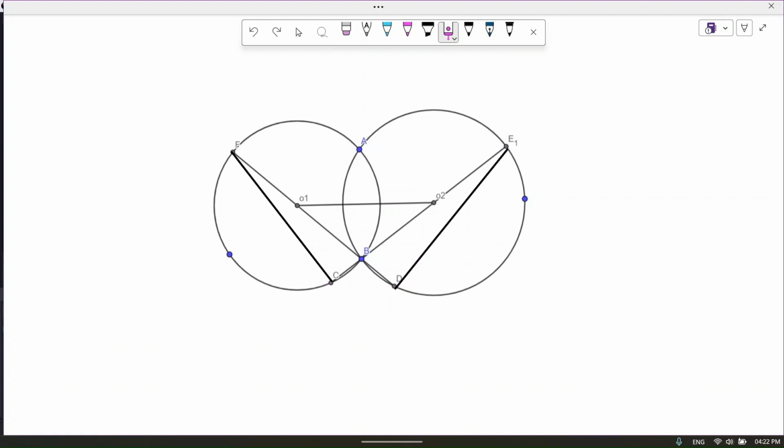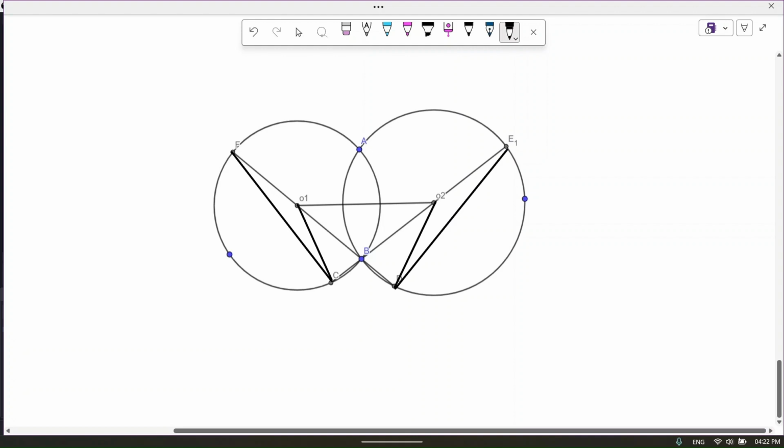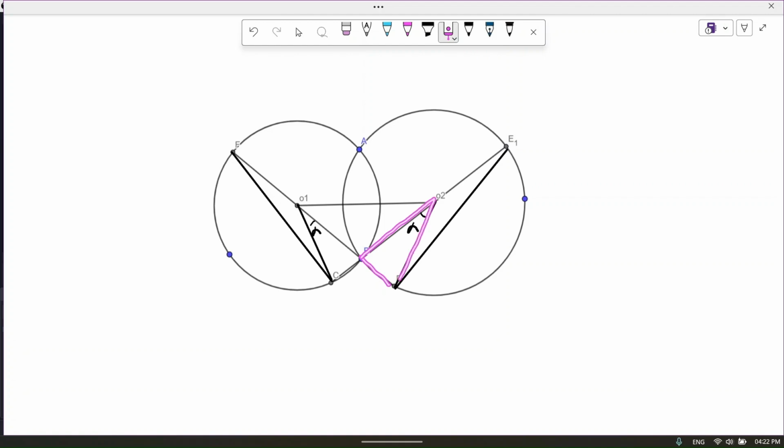So the angle subtended by this chord, this angle, is equal to this angle. Let me draw these two chords and this chord. So this angle, say alpha, is equal to this angle alpha. And we also know that the angle subtended by any chord at the center of the circle is double the angle subtended on the circumference of the circle.